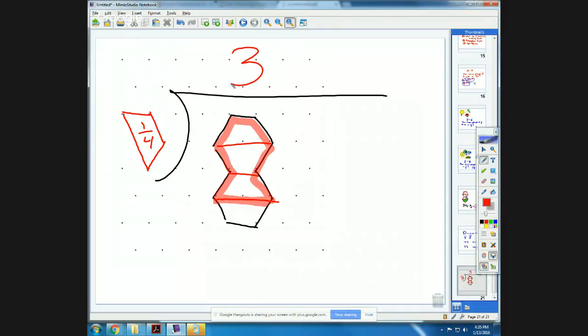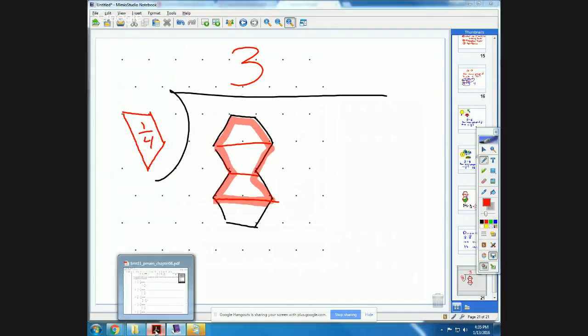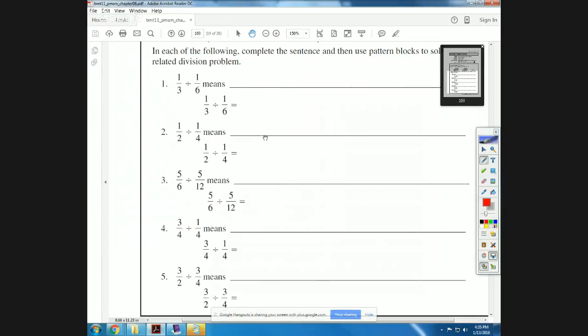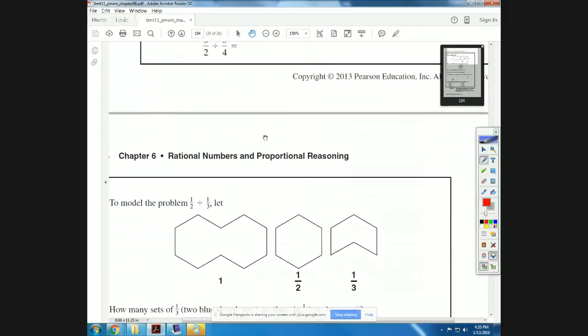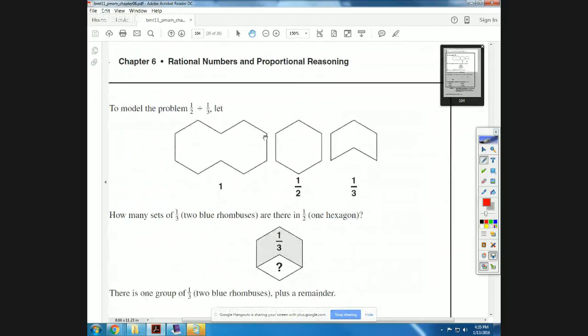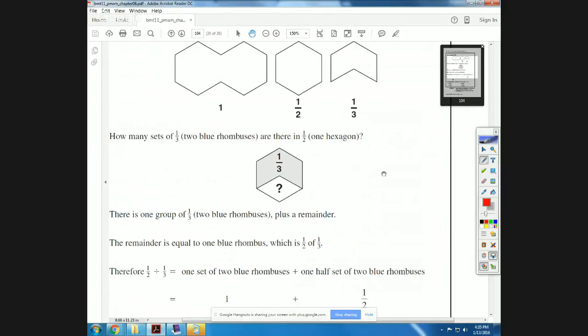Let's see if there's any more interesting ones on that page we could tackle together before we part ways. This class is almost over. Let's see, on the next page, they're saying 1/2 divided by 1/3. This is a cute one to do. We did this problem earlier with different shapes, so we're going to try this one right here.